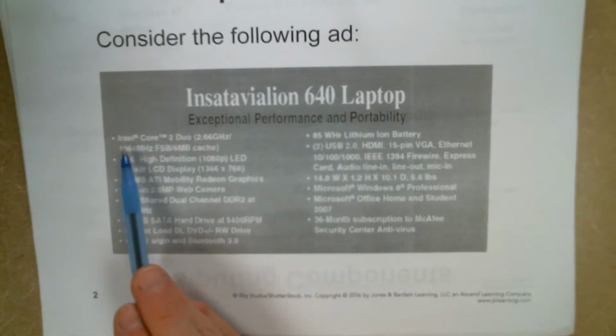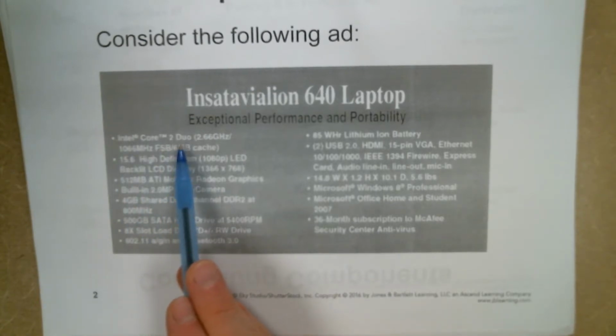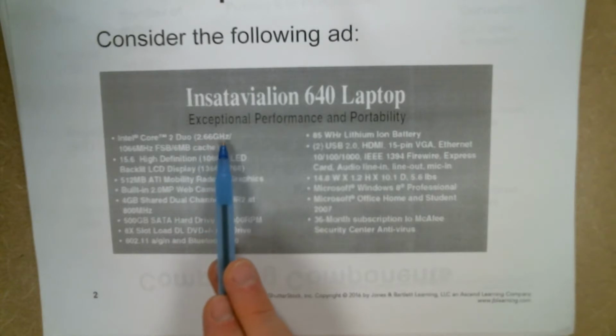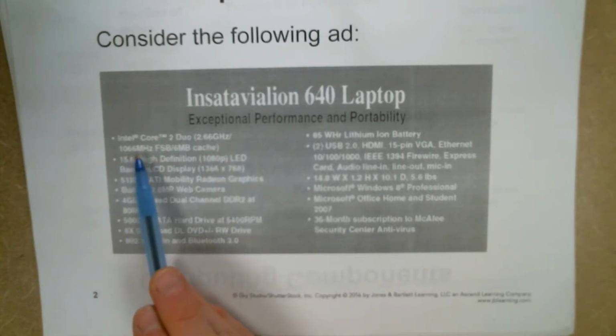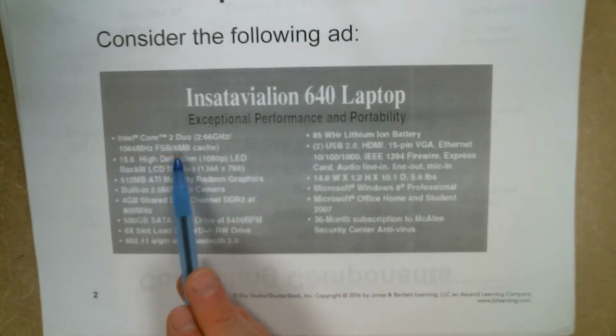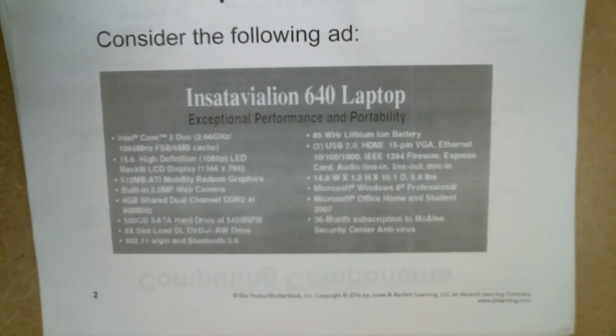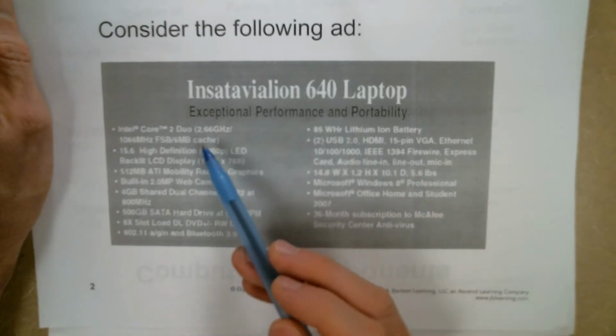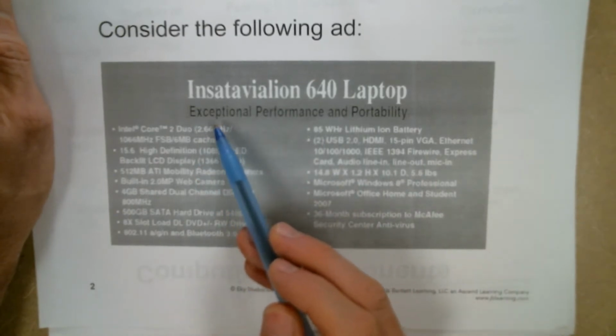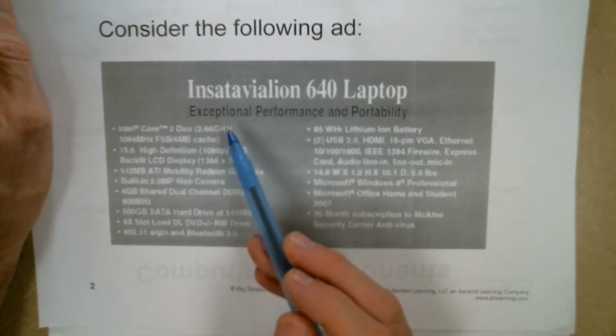So for example here, Intel Core 2 Duo, 2.66 gigahertz, 1066 megahertz FSB, 6 megabyte cache. It might sound like gibberish, but all of that has meaning. This is referring to the cycles or the speed of the processor.